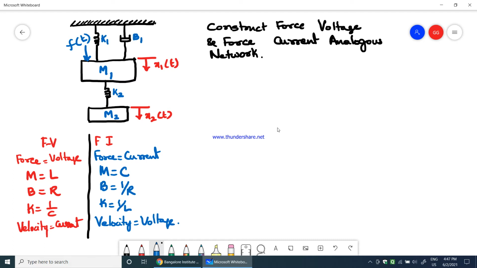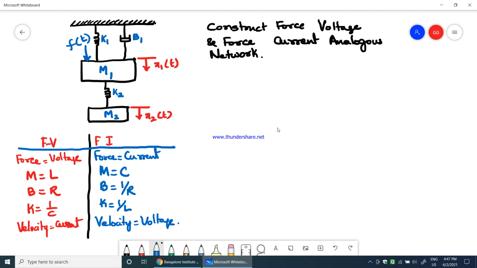Always when they give you such problems, you make a table like the one I have shown here. For the force voltage analogous network, force is equal to voltage, mass M is equal to inductor, friction B is equal to resistance, spring coefficient K is equal to 1 over the capacitance, and velocity is equal to current.